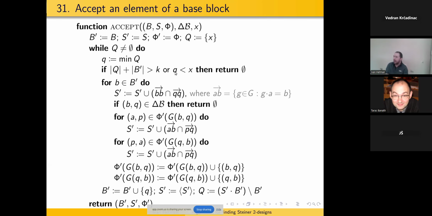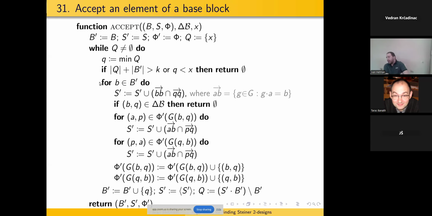Also, when we need to add some element that is less than the initially added element, this means that instead of adding this x, we can add this element q and receive the same result, so we do not need to repeat this calculation. Then we just return the empty set, indicating that the accept procedure was not successful.